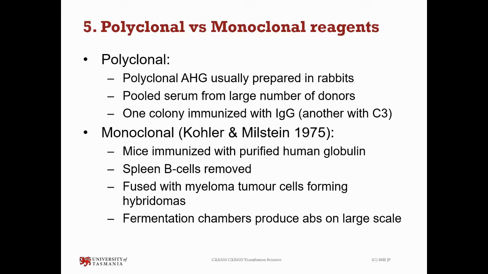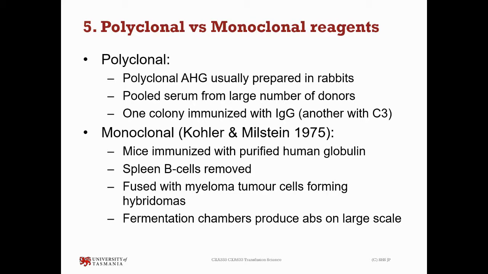This is how most reagents are made, because it's a lot cheaper to do it this way. Although these days monoclonal techniques with the hybridoma techniques are really bringing down the price of the monoclonal reagents. So typically in monoclonal reagents, mice are injected with a purified human globulin or human complement.